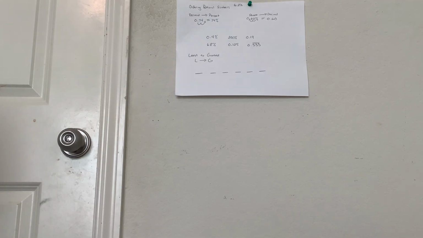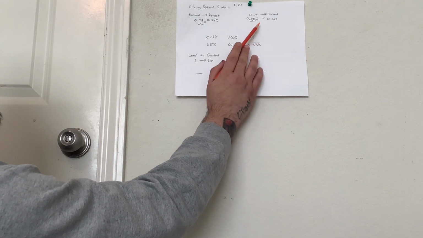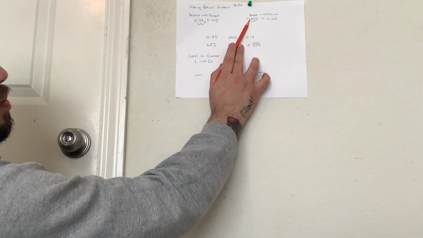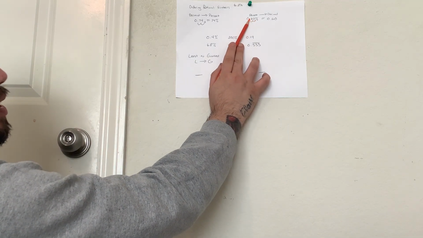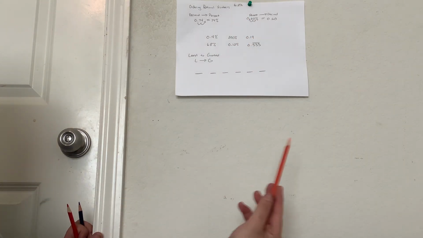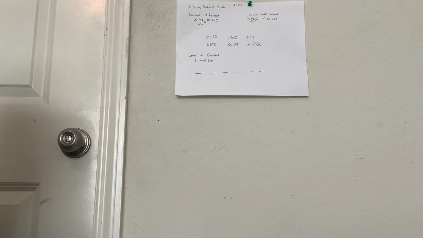When you're going from a percent to a decimal, you start at the percent sign and move 2 places to the left, add your decimal, add your 0, and that's how you can see that 60% is equivalent to 60 hundredths, 0.60, 60 cents, however you want to see it.